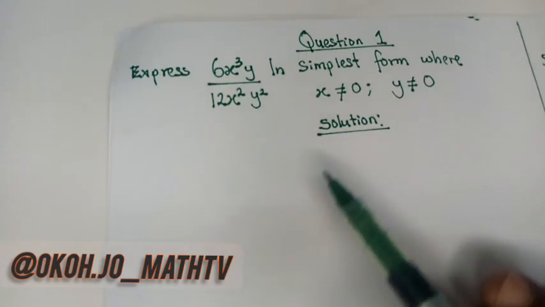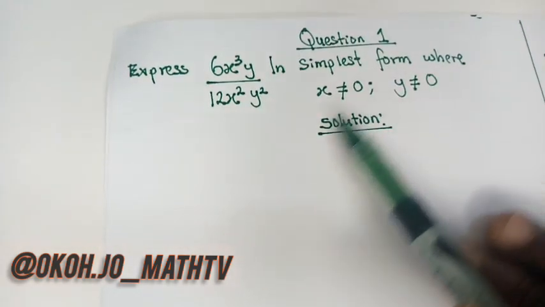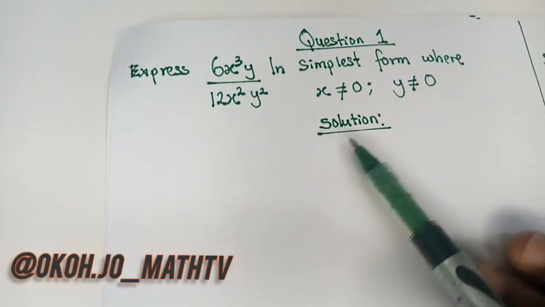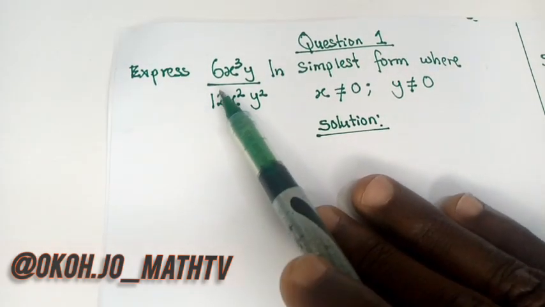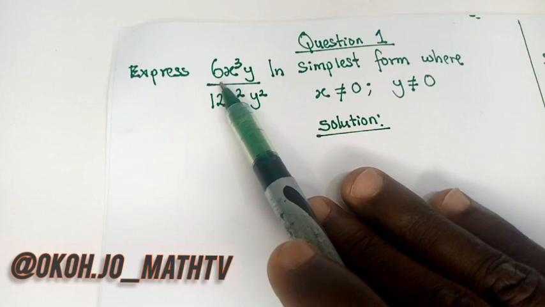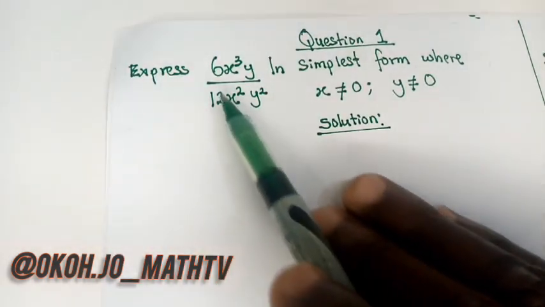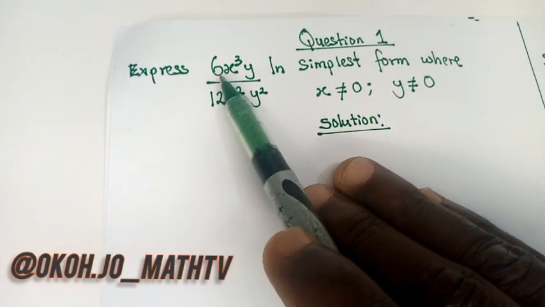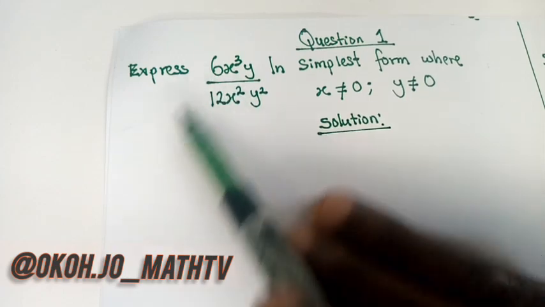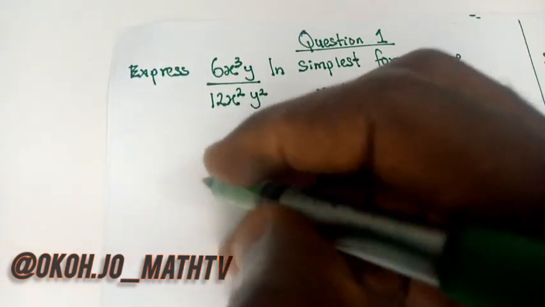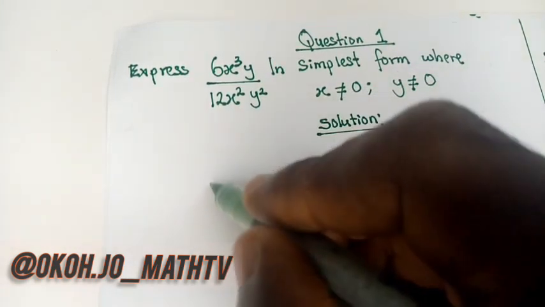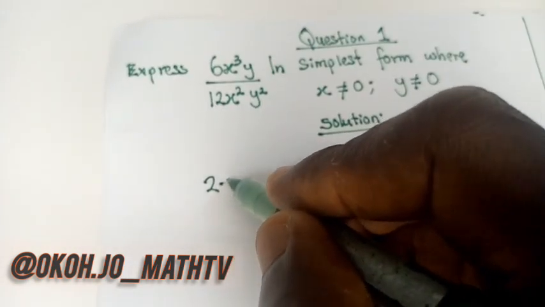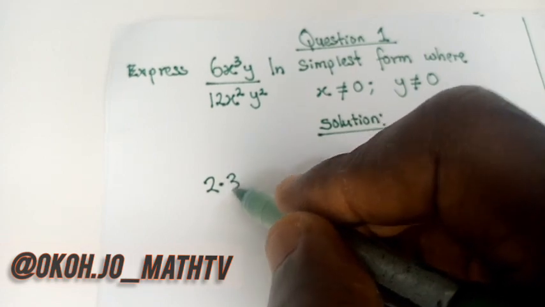Yes, we have a short way of doing this, but since it's simplified, we need to show some of our work, whereas I'll still show the short method of doing this. So we just need to break this down into factors. What times what exactly can we multiply by each other to get 6? I think the answer is 2 times 3. Is that okay? So we have 2 times 3.